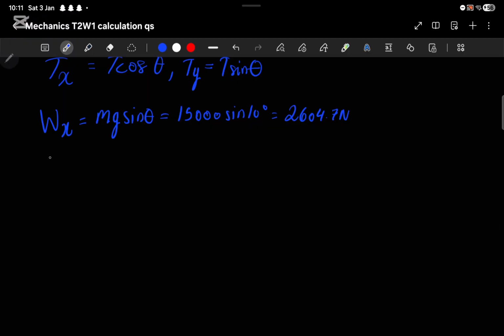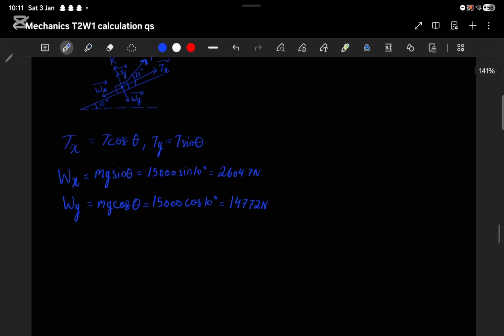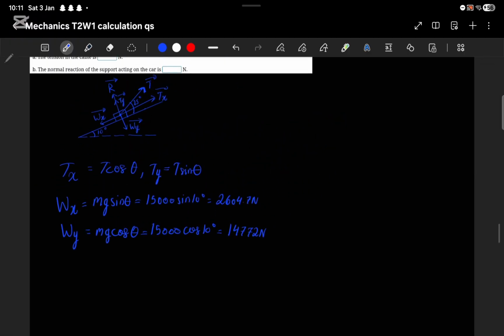So Wy is equal to mg cosine theta, which is 15,000 cosine 10, which is 14,772 newtons. All right. Now, this is just definitions. This has nothing to do with the parts. Well, you'll solve with the parts, but still, you get what I mean.